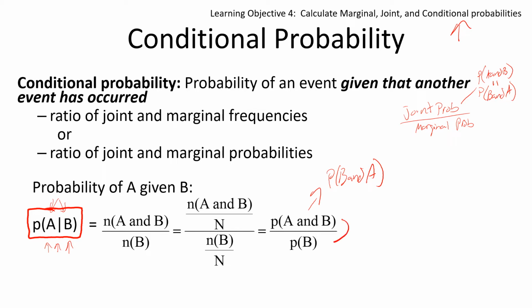What goes in the denominator, though, is what comes after the given. It's always what's after the given, so it's the last letter.